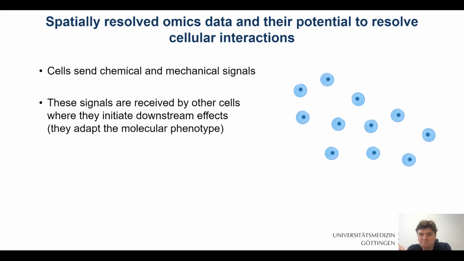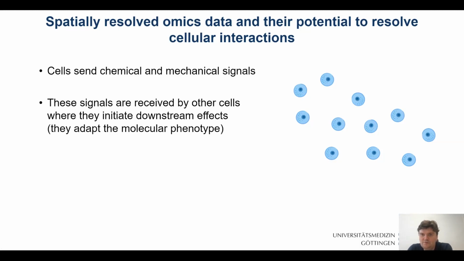Cells send chemical and mechanical signals. That's pretty clear. Cells receive these signals, and of course, if they receive these signals, there will also be some downstream effects.